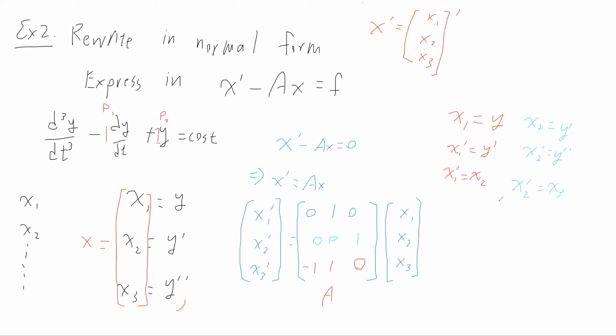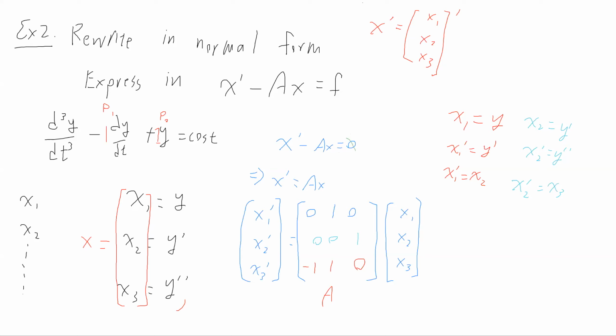Okay. All right. So we have taken care of the x prime and ax part. What about the f part, right? Because we assumed that this is a 0, but in fact it's not equal to 0 because we have this extra cosine t here. Okay, so how do we take care of that? So let's say we have some function f here, right?